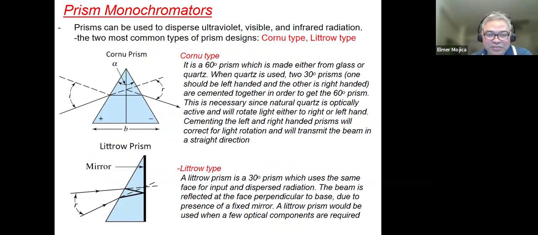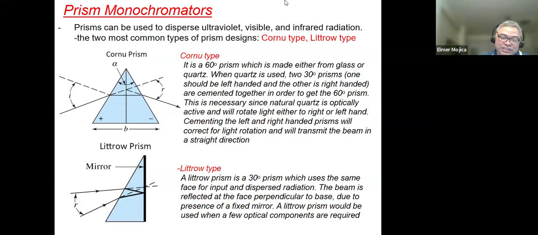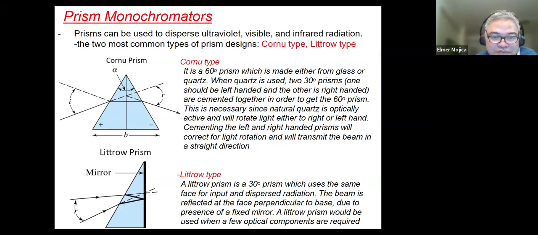Okay? So if you're going to look at these different types of prism monochromators, what can we say? A prism monochromator is usually used for what? To disperse your light, your electromagnetic radiation, either UV, visible, or infrared. Now, you have two types of what we call prism design: the Cornu and the Littrow.